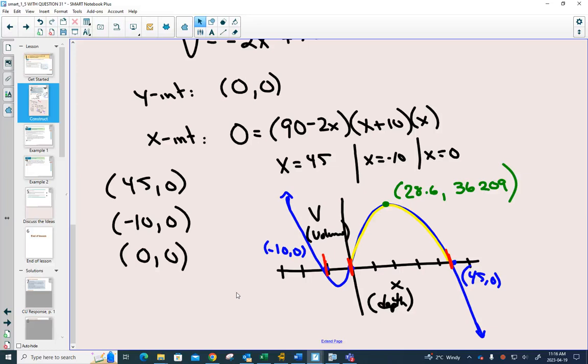Some other real-life application stuff. This answer, max volume, is 36,209 centimeters cubed. Probably you haven't bought a lot of luggage in your lifetime, but when you buy luggage, especially if you're buying high-end backpacks, you're planning on going on a backpack trip to Europe or South America after you graduate, you want to buy a nice backpack, you go to Mountain Equipment Co-op, and the backpacks, their sizes are all measured in liters.